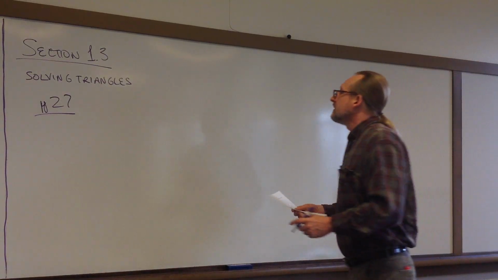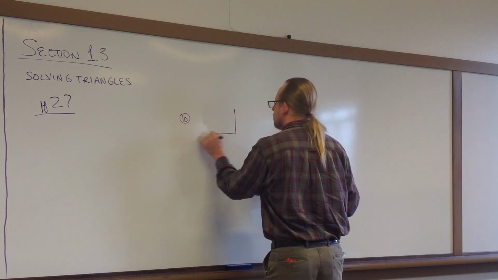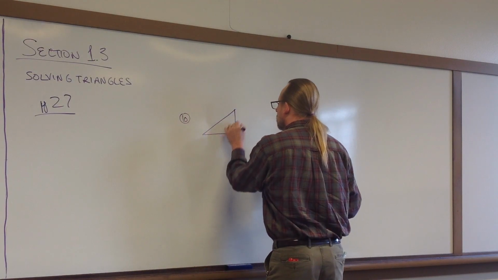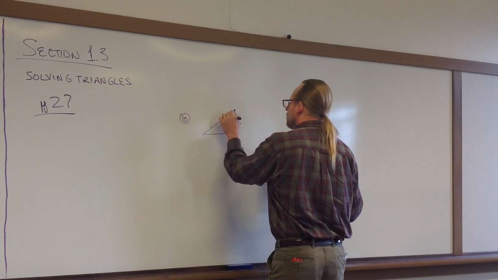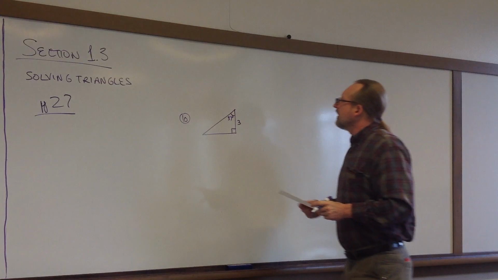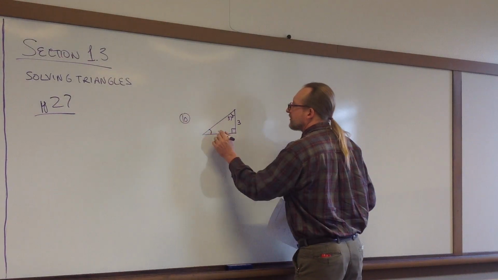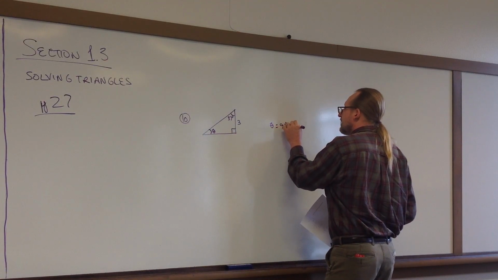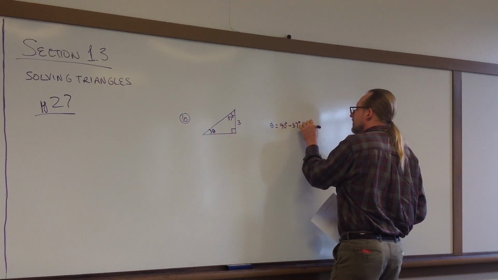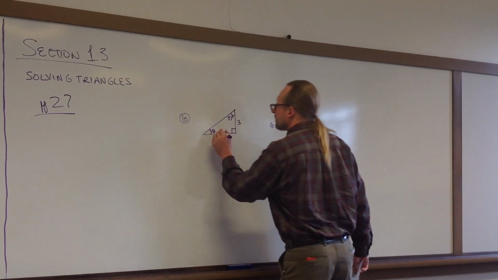All right, let's see here. Problem 10. We've got a triangle where we've got one side of 3, an angle of 37 degrees, and that's all we know. Well, if this one's 37, then this one down here, if I call it theta, is going to be just 90 minus 37, and so that should be 53 degrees.